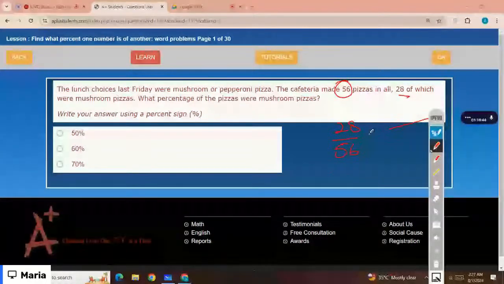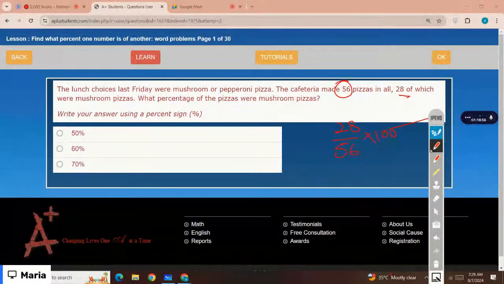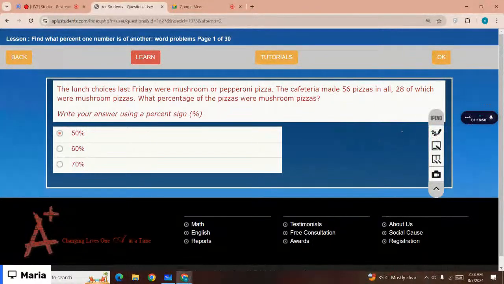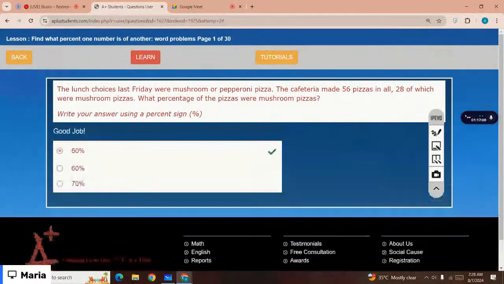Michael, you need to multiply by the 100. Simply divide 28 by 56 and multiply by 100. So yes, 28 is exactly half of 56, right? So that is 50%. Correct option is option number one. Or either you can use your calculator, right?